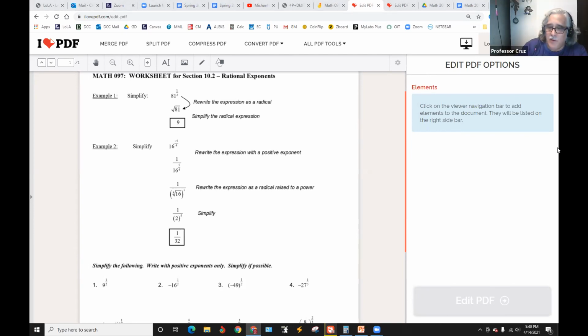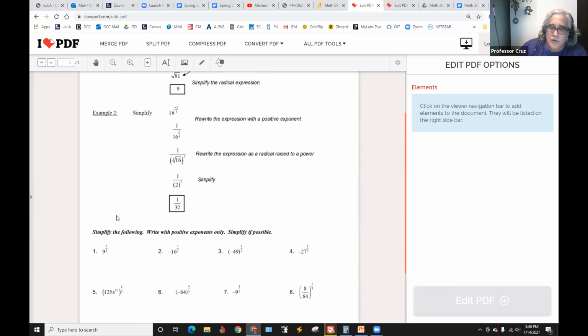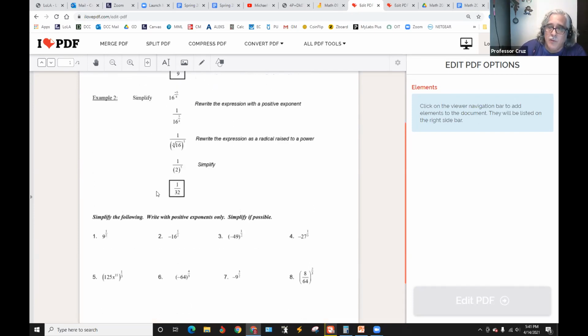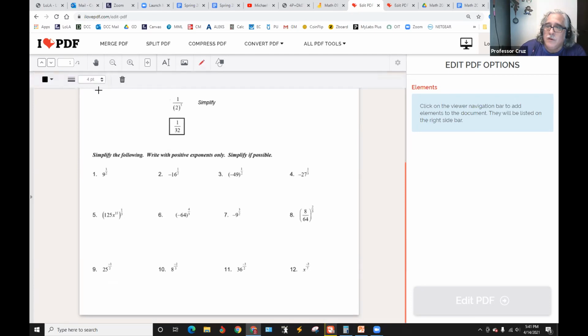Okay, so let's go on now to these problems here. The first couple of ones are going to be more or less following example 1.